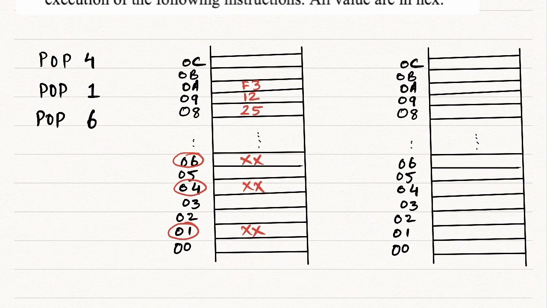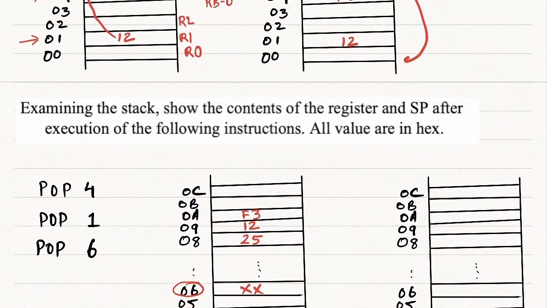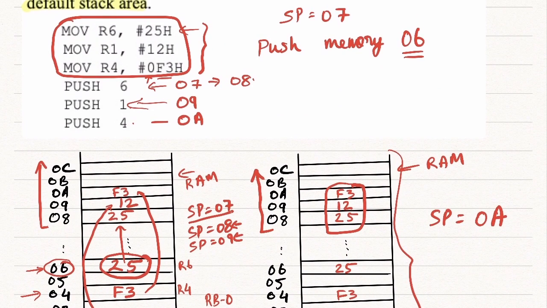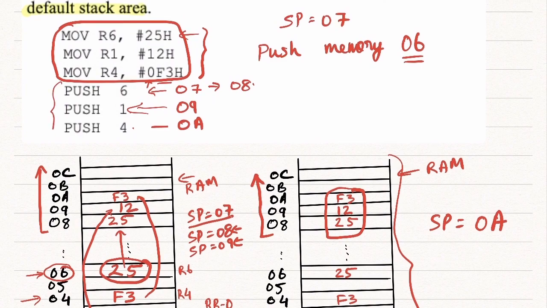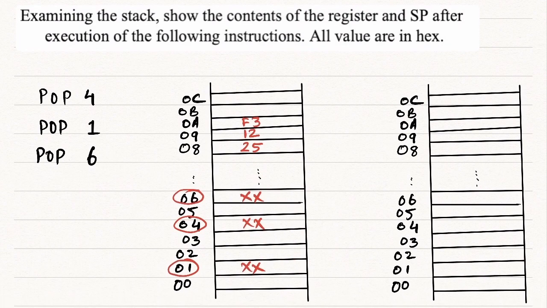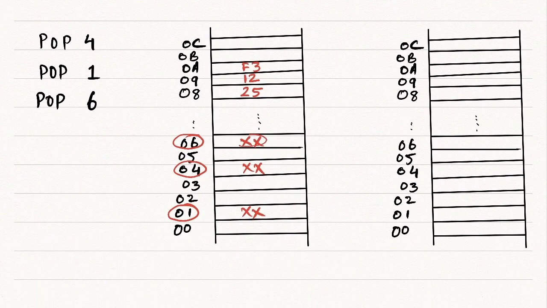Maybe after pushing, I might be using these locations for storing some other values, and after some time I will use the pop instructions to retrieve the earlier data which was stored in locations 6, 4, and 1. So to retrieve the data, we are using the pop instructions. Now coming to the explanation.